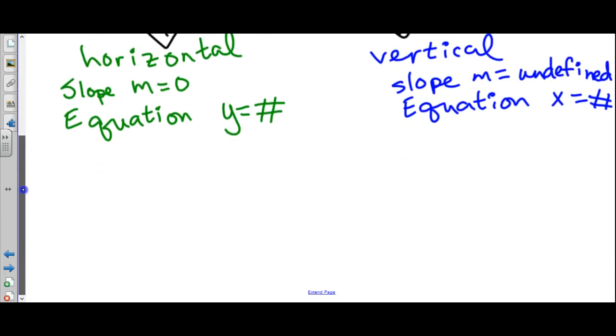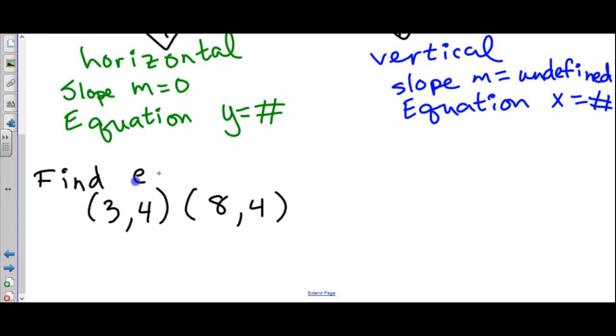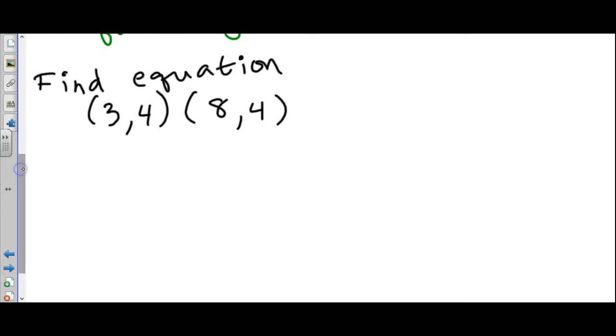So for these special lines, they may give you 2 points and say, find the equation of these 2 points. Now first, to do that, I'm going to find the slope. Well, we have our formula from earlier, which says y2 minus y1 over x2 minus x1.